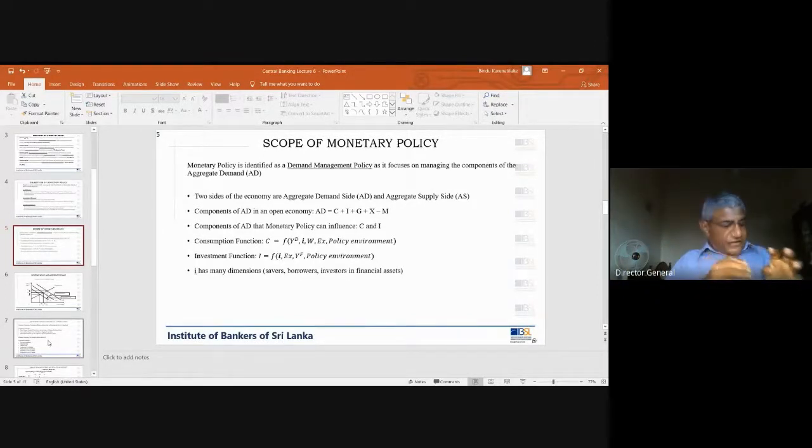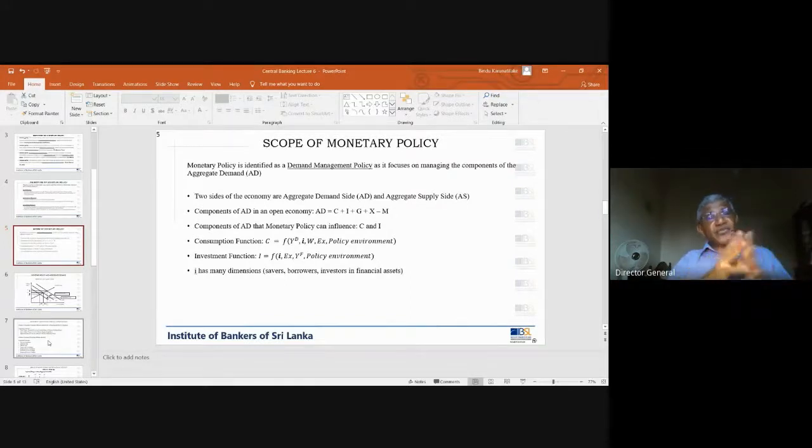When you take interest rate, it has different dimensions, and also if you take the short-term interest rate, medium-term interest rate, long-term interest rate, and also interest rates can vary according to the risk level. There are different dimensions of risk.